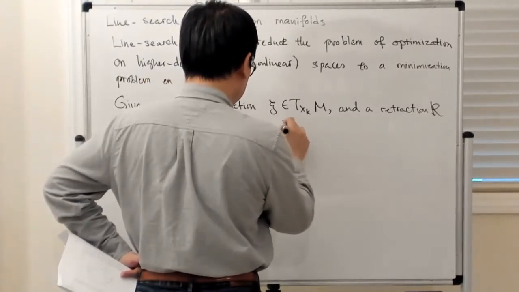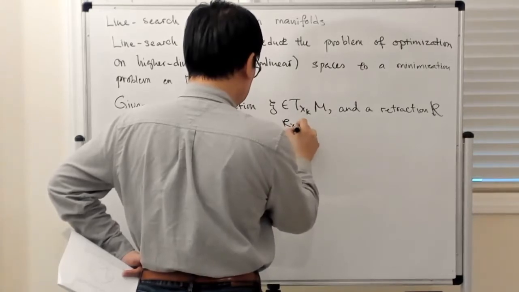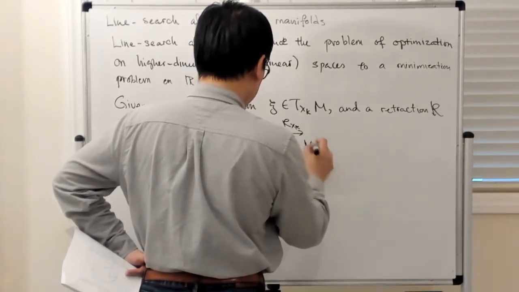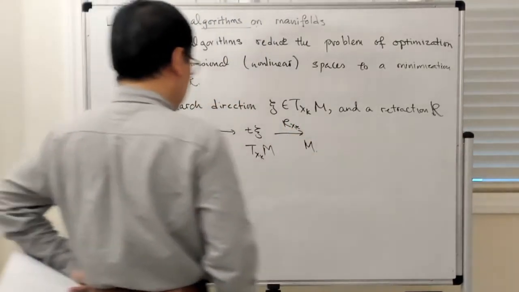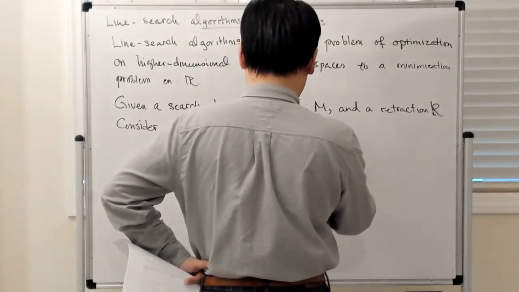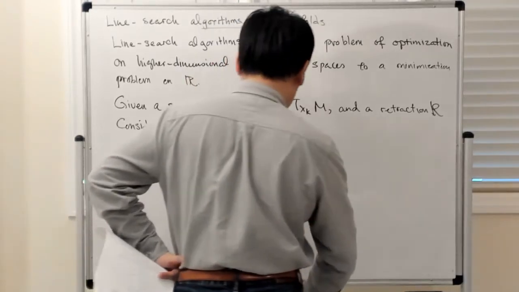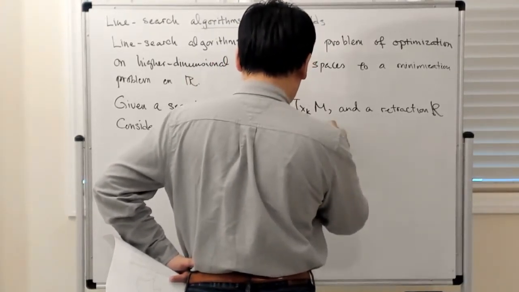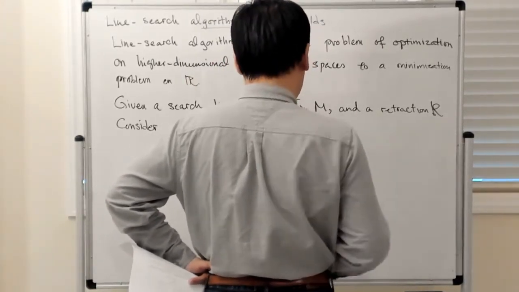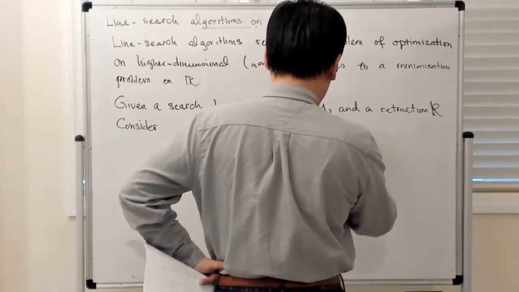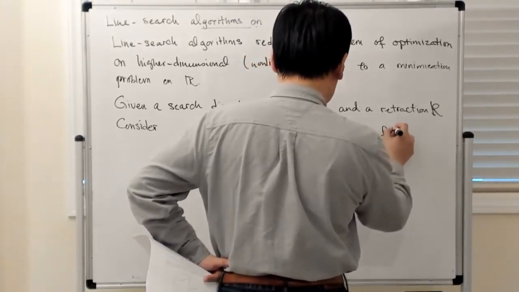I can apply the retraction to it to give me something that's on the manifold itself, right? So let me just write it this way, R_{x_k}(t eta). This is on the manifold, and then I can apply f of this.